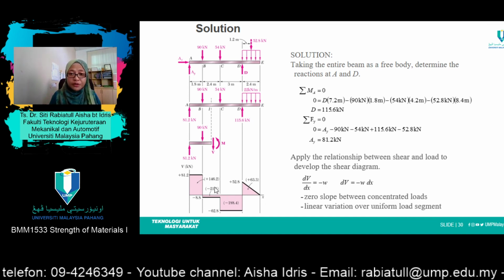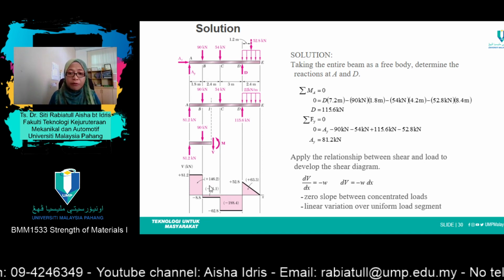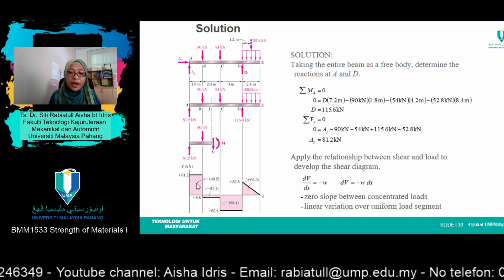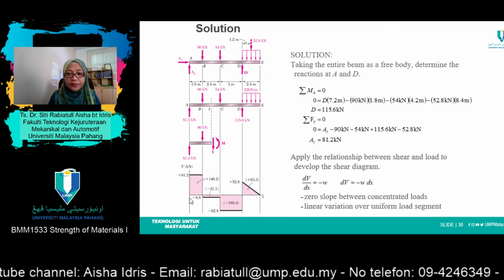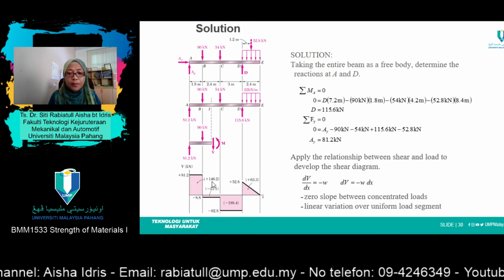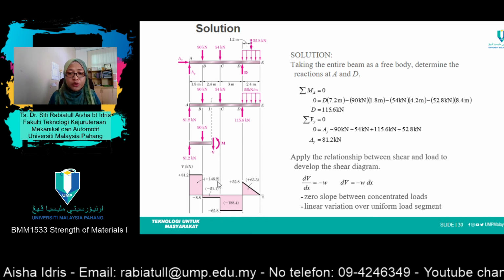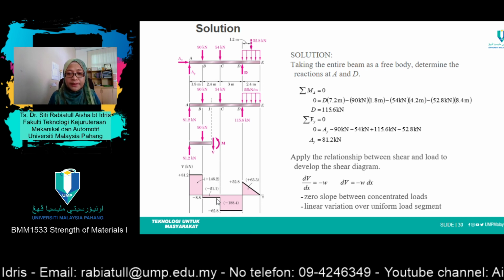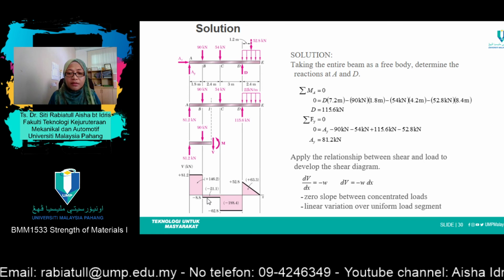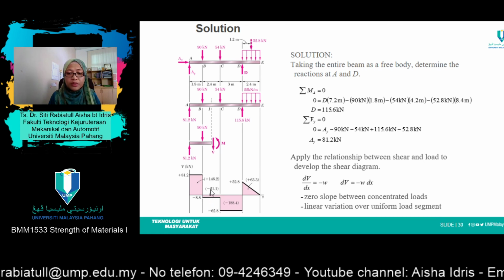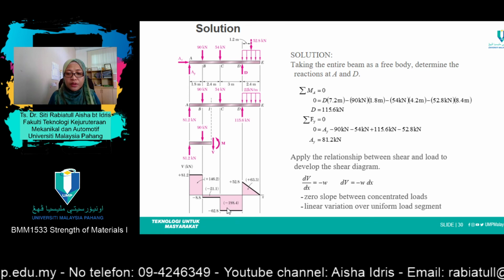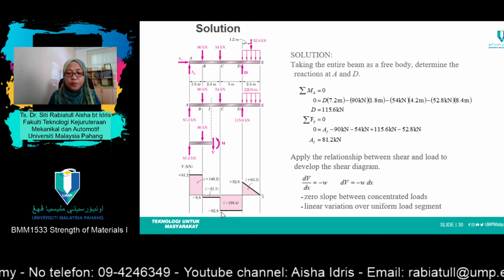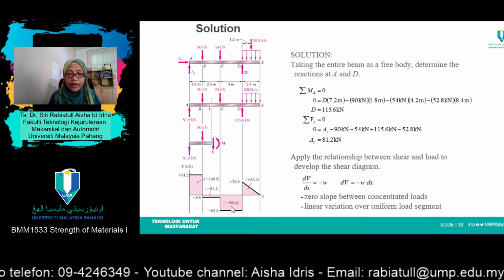After that, in order to draw a bending moment diagram, you need to find the area under the curve. So 51.2 times 1.8, you'll get positive 1.6.2. And for section BC, negative 8.8 times 2.4, you'll get negative 21.1. And same goes to this one, 62.8 times 3, you'll get 188.4.